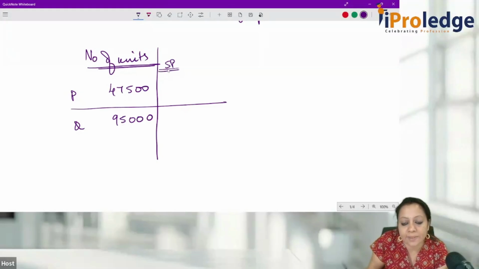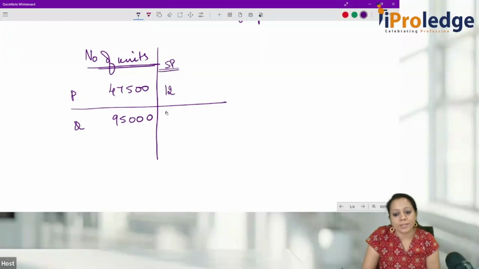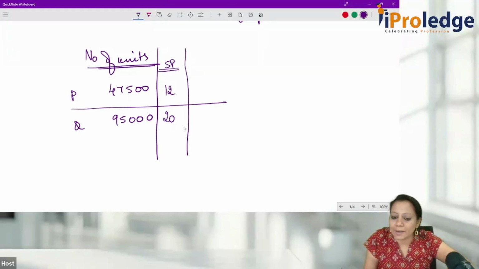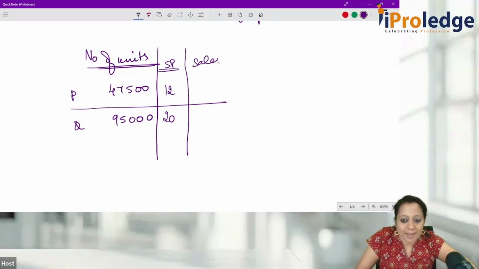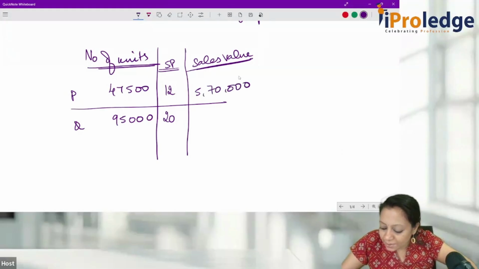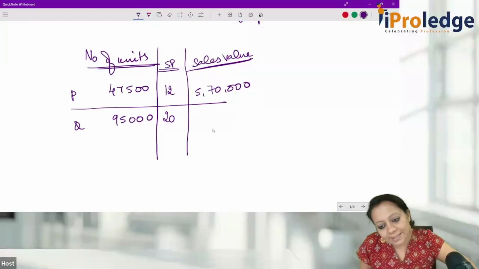Selling price is given in the question. How much is it? 12 and 20. Anyone wants me to show it? Not required. So sales value is going to be 47,500 into 12, 5,70,000. 95,000 into 20, 19 lakhs.